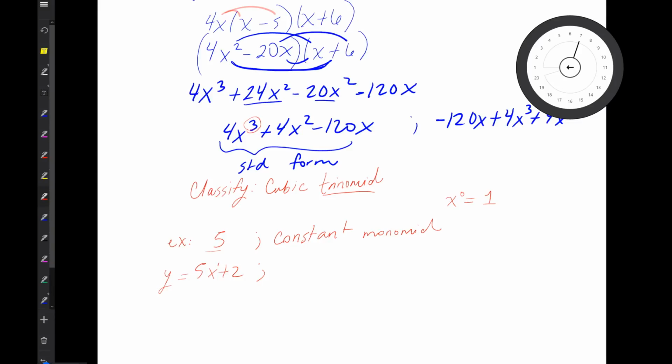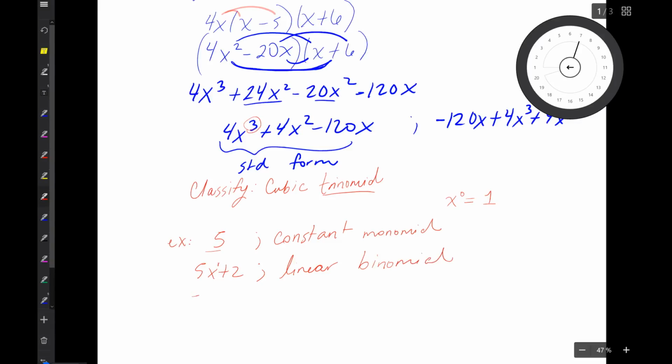Would it make a parabola? No, it'd be a line because it's mx plus b. So it would be a linear. And then how many terms does it have? 2, so it would be a binomial.